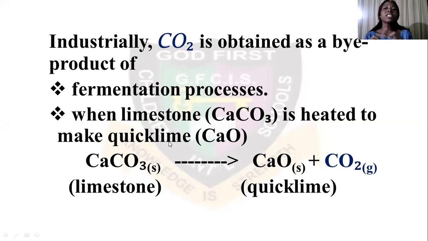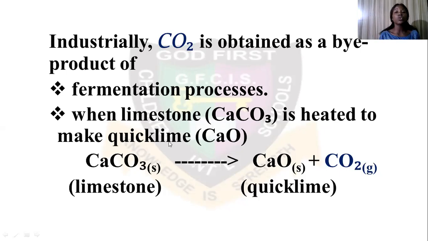What they do, they'll put it in an airtight container in the absence of air. These substances will decompose. So if you go to those areas, you see a lot of gases being evolved from those substances.